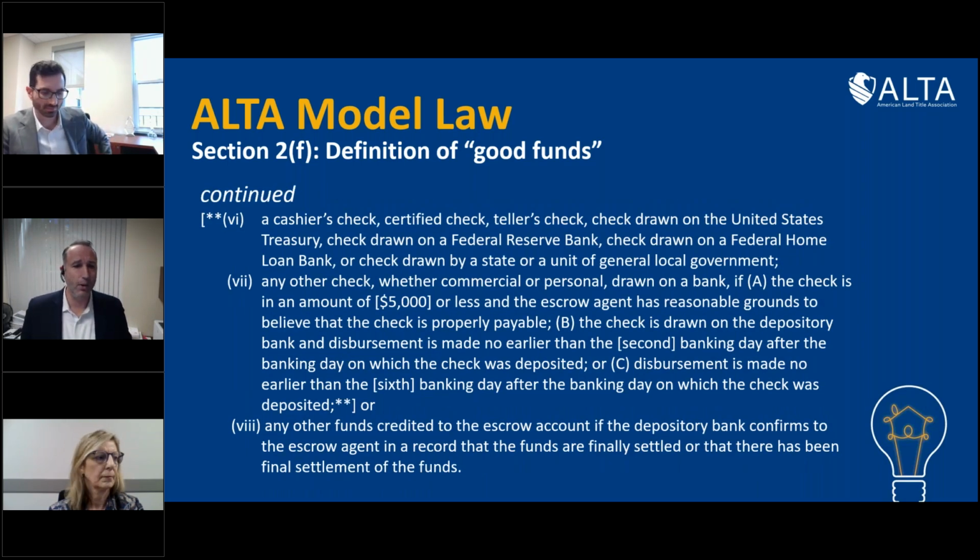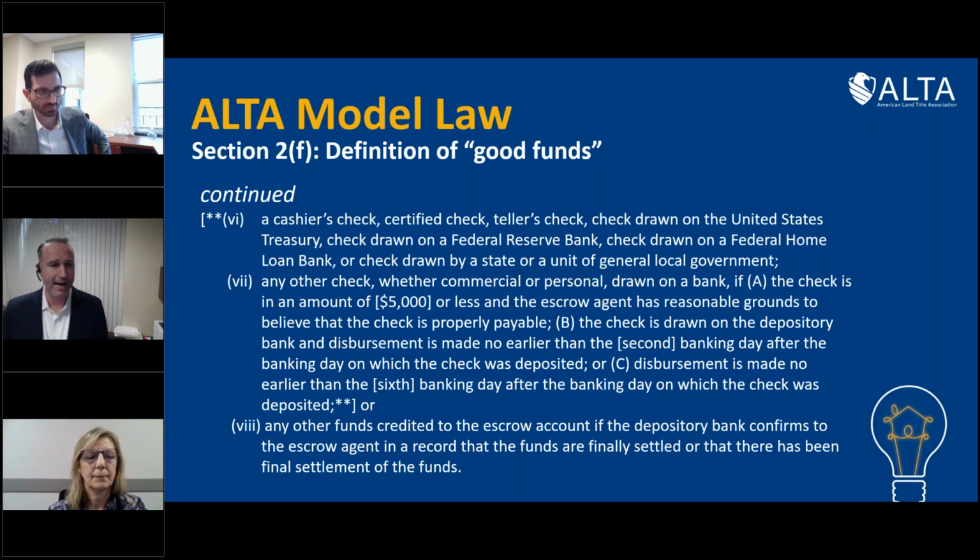On this slide, you can see how we handled checks in the bracketed language Michael talked about. In the first category of checks, these are those that are given next day availability under Reg CC, like cashier's checks or certified checks. These are broadly treated as cash equivalents, provided that they're authentic and authorized and that the payer's bank is solvent.